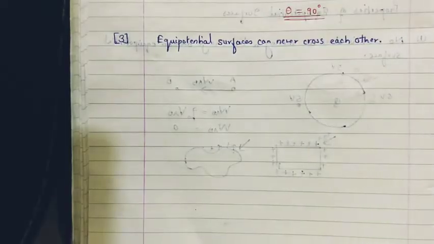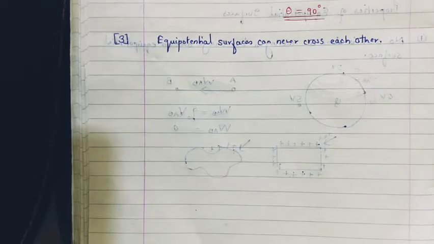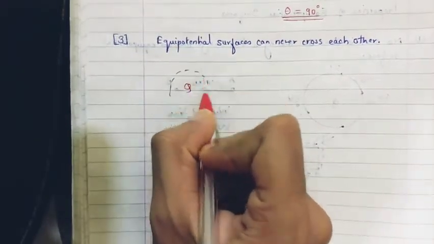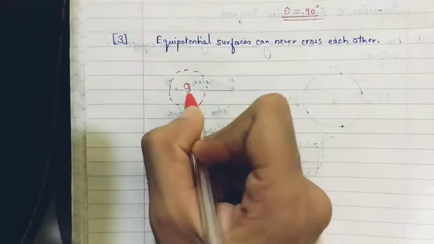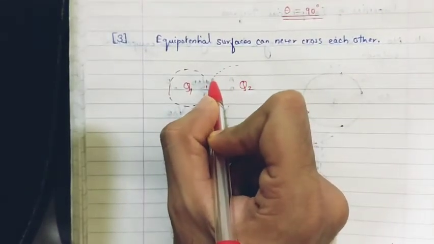So the next property we have is that equipotential surfaces never cross each other, just like the field lines. Okay, so if equipotential surfaces cross each other, what would happen? For example, there is one charge over here. This one has an equipotential surface of its own, let's say Q1, and this is another charge Q2 which has equipotential surface over here.